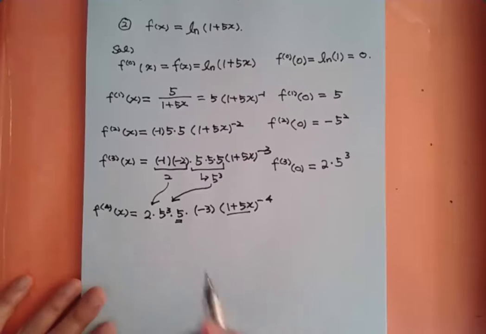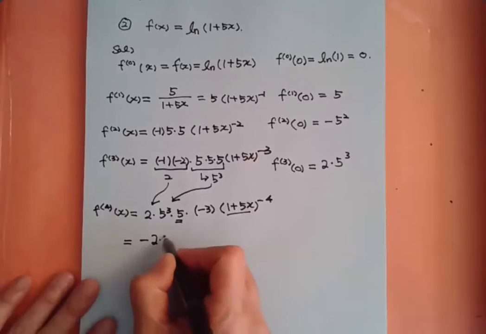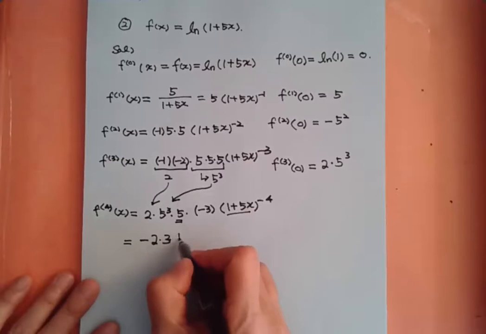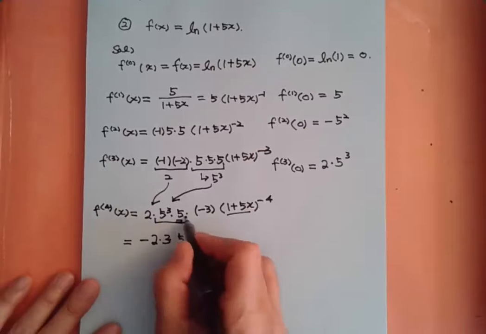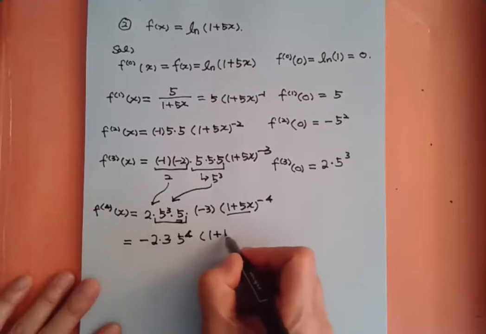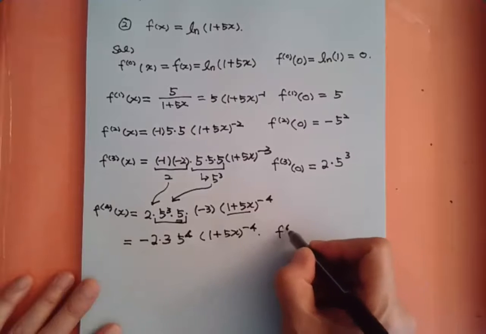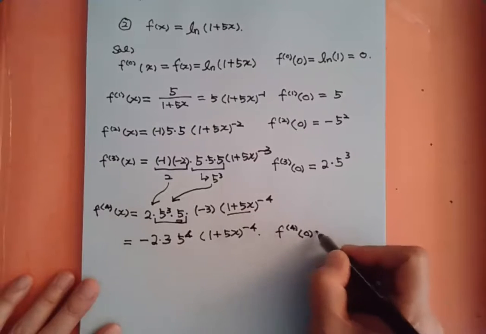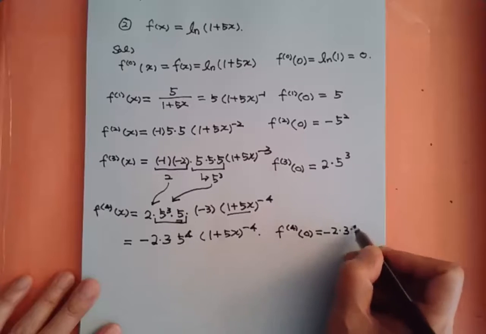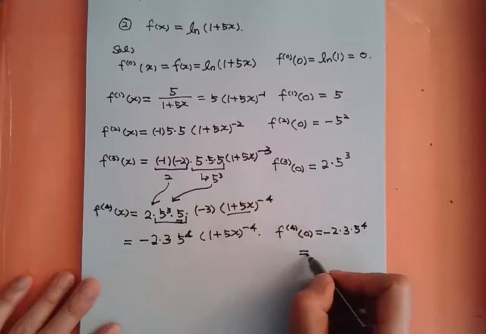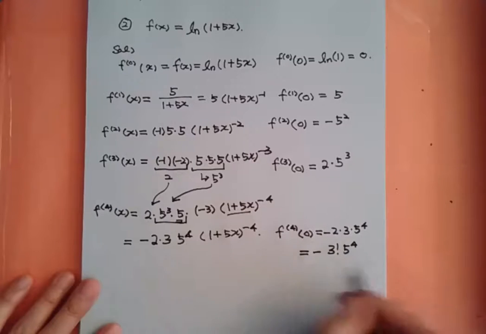And then that can be written as minus 2 times 3 times 5 to the 4 power, combining these, and then 1 plus 5x to the negative 4 power. So the fourth derivative of f at 0 is what? Negative 2 times 3 times 5 to the 4th power. And so that is negative 3 factorial times 5 to the 4th power.